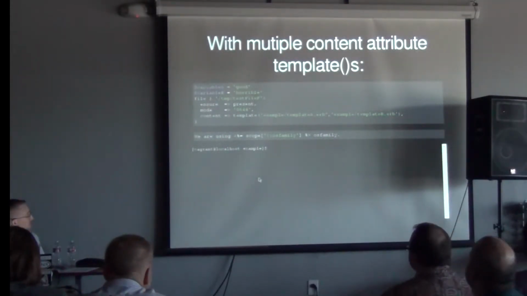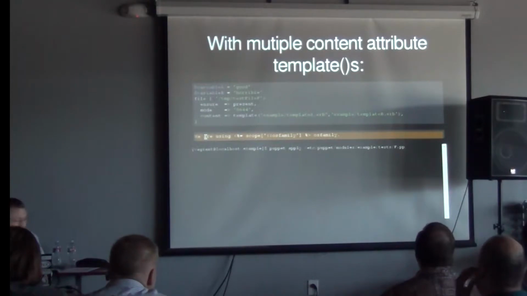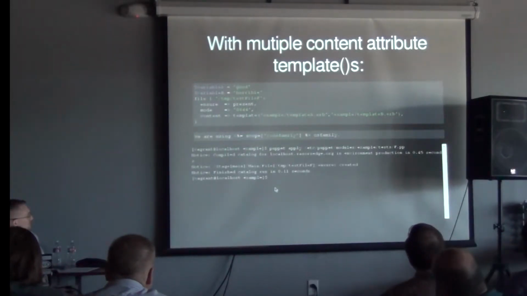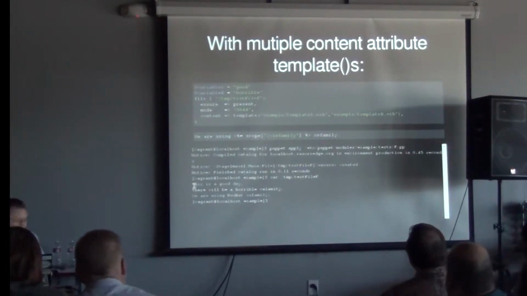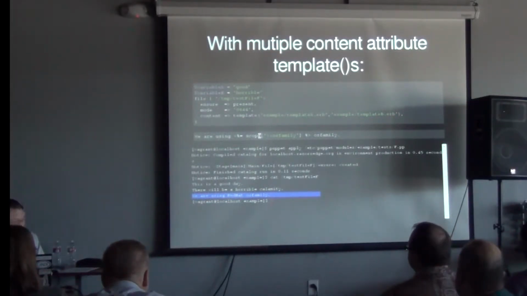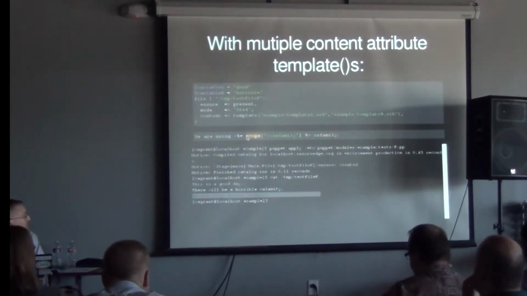So we're actually going to see both template A from the previous example along with template B, which has this output here, concatenated into the same file. So we've got: this is a good day, there will be a horrible calamity, and we are using Red Hat OS family. And inside Ruby, the way to pull up fact-based variables is to use a scope to pull up the OS family fact.